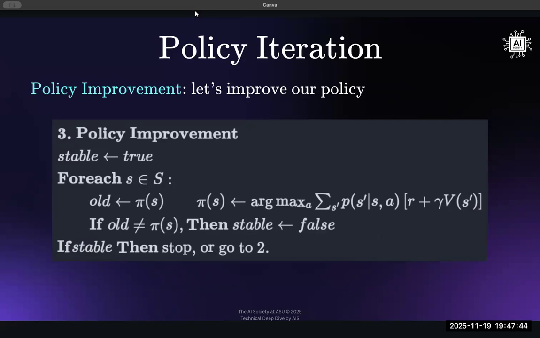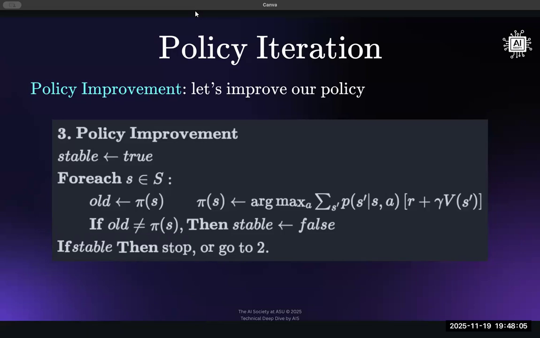And then the old pi just stands for the old policy. And if the old policy is not equal to the current new policy that we're computing, then it's unstable. We want them to be the same. That means it's a stable algorithm.